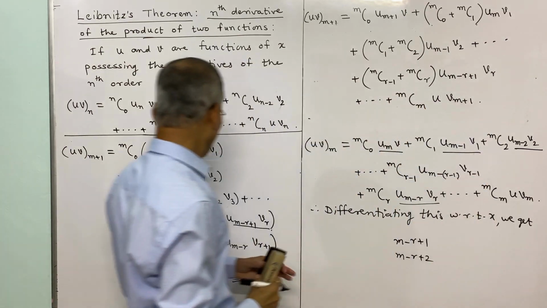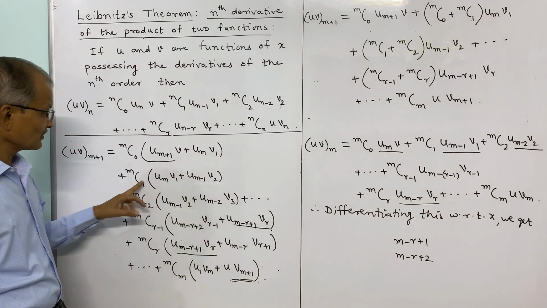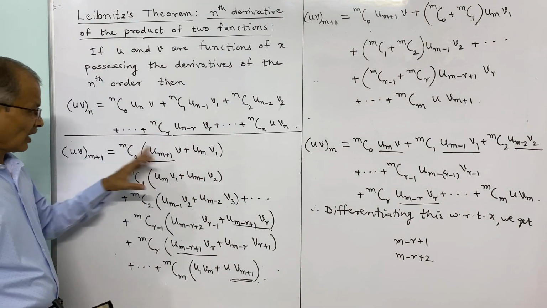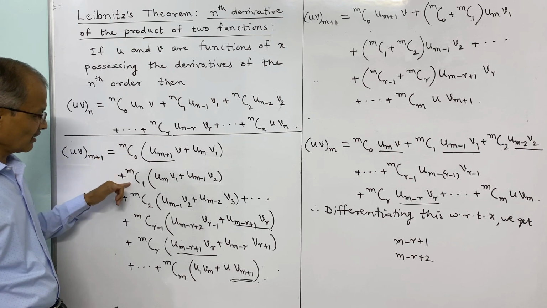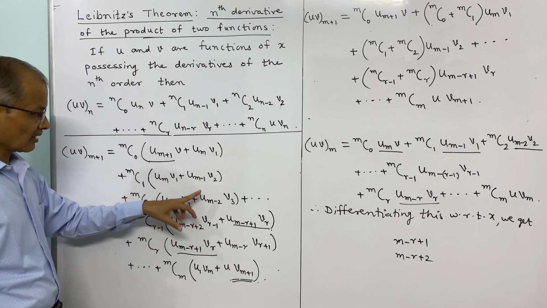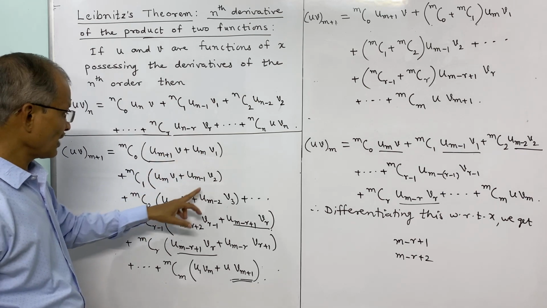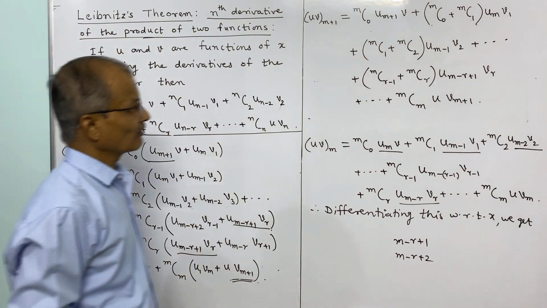So thus we have expressed the right side in this form, taking terms common. The terms having the coefficients are taken in bracket, and this is the common term. v1 is common, here further the m minus 1th derivative with v2 is common, and so on. So we have written this.